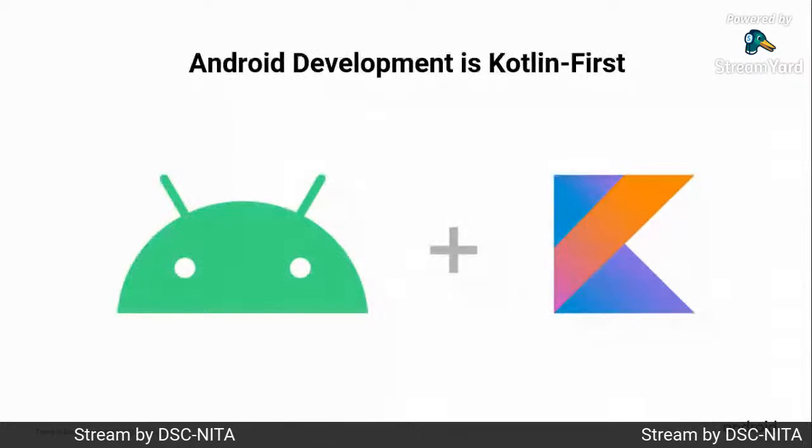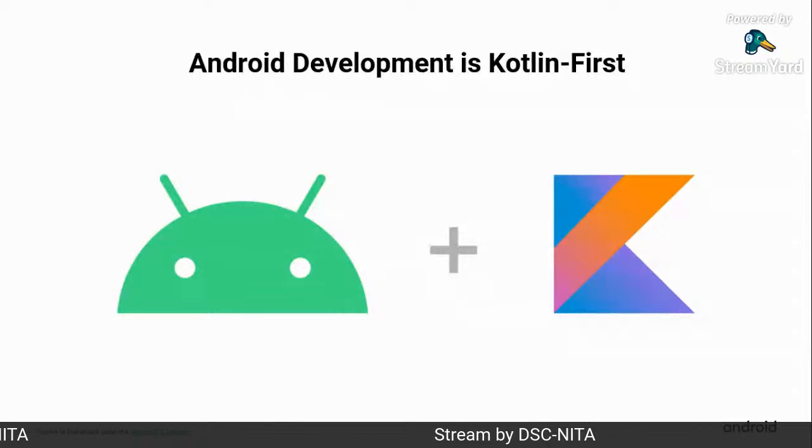Okay, so Android development in Kotlin. How does Kotlin relate to Android development? In 2017, Google announced that Kotlin would be another officially supported language on Android. Then in 2019, Google announced that Android development would become increasingly Kotlin-first, so that new tools and libraries will first be made available in Kotlin.